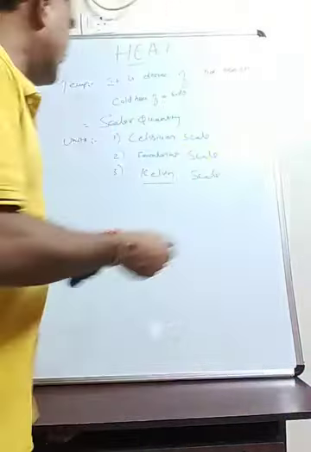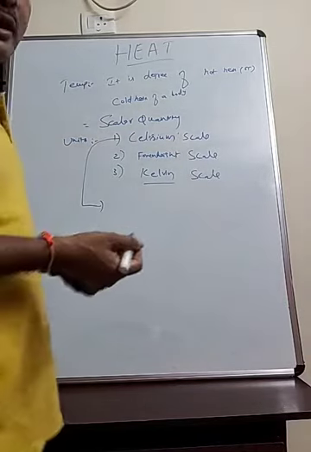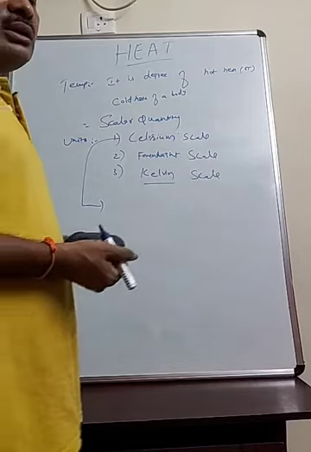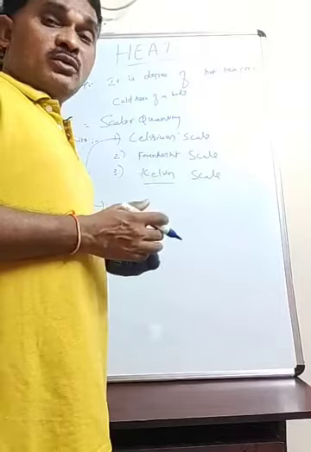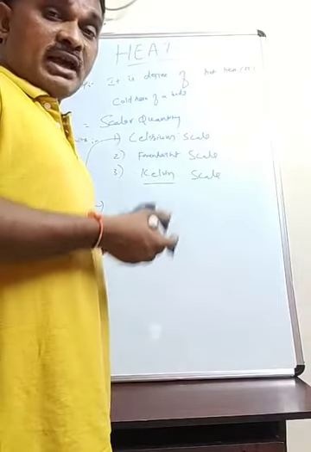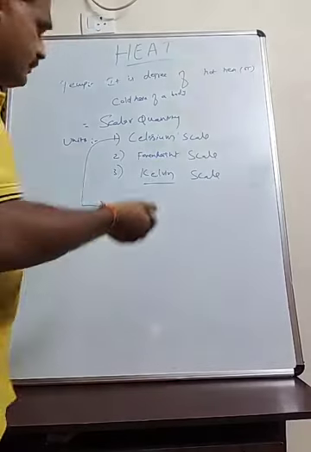In the same manner, we have the Celsius scale. What are the two fixed points for the Celsius scale? Scientists took water for fixing the fixed points. So what is the freezing point of water?